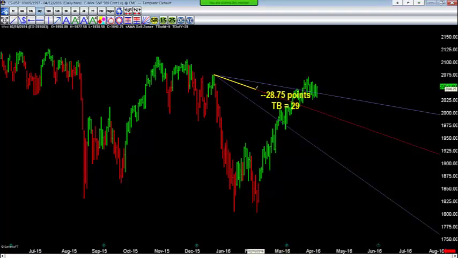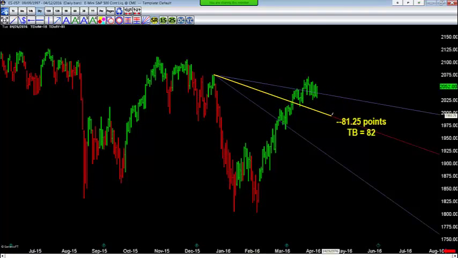And I'm going to go anywhere I want on this red line. And I want you to see how the points, I can't quite get it right on there, but I want you to see how the points equal the bars. Okay? It's 1 point per 1 bar. No matter where I go, they're going to equal each other. Okay? It's a 1-to-1 line.